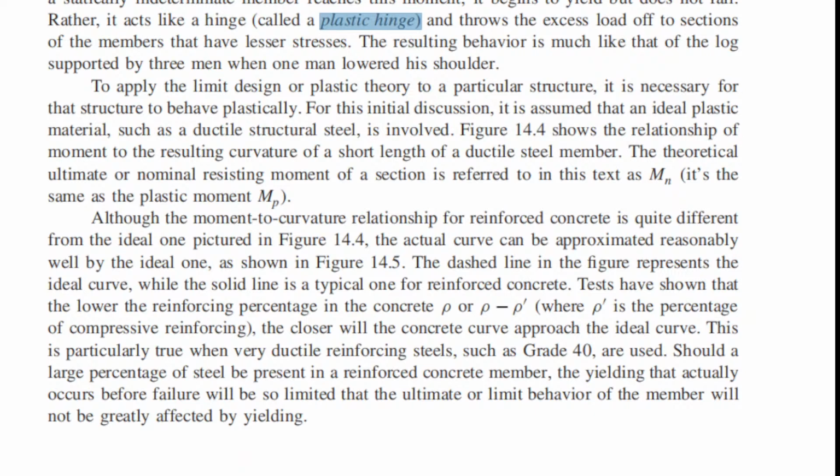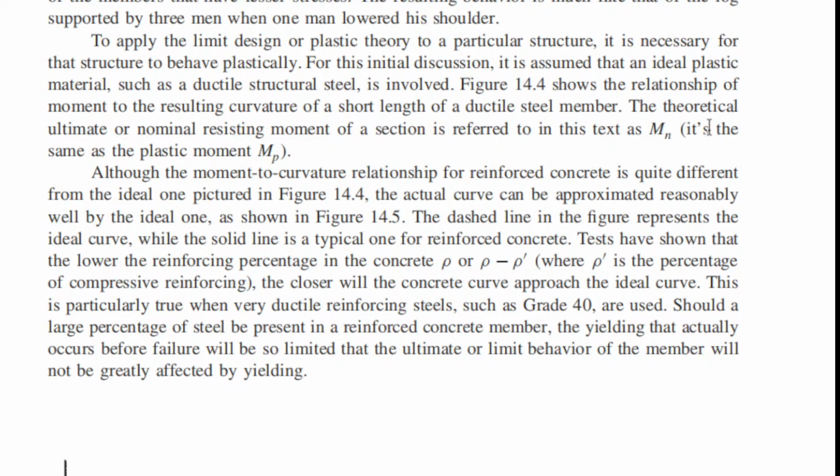So what can we expect? Therefore, we can expect the presence of plastic moment. Usually, we expect nominal moment. Therefore, considering the relationship of moment to the resulting curvature of a short length of a ductile member, the theoretical ultimate or nominal resisting moment of a section is referred to as Mn.